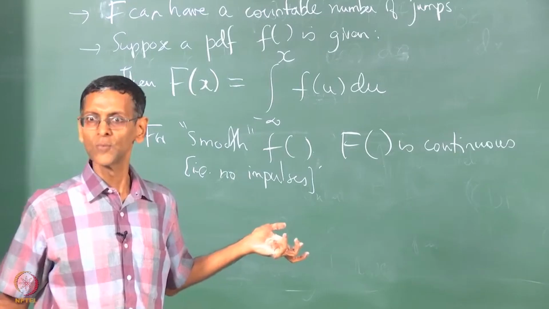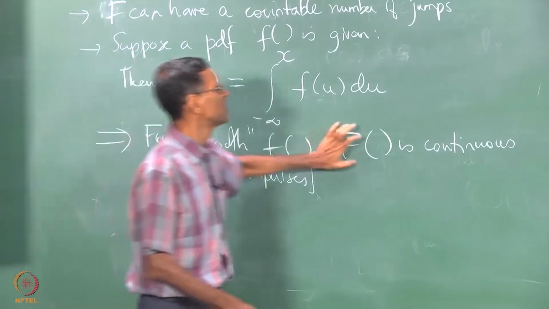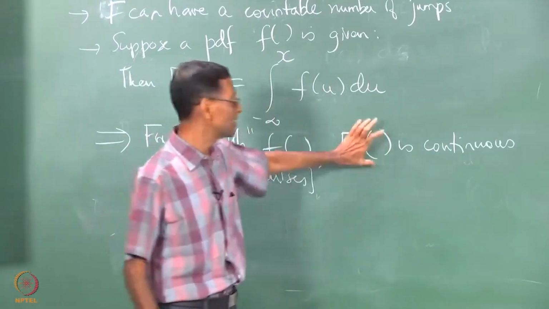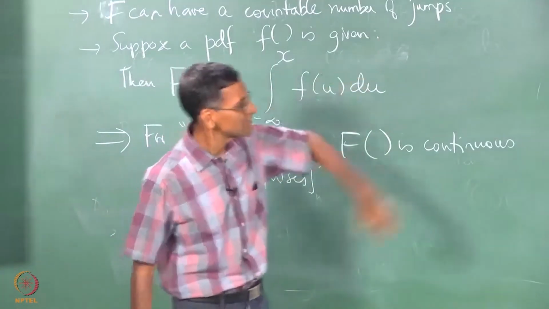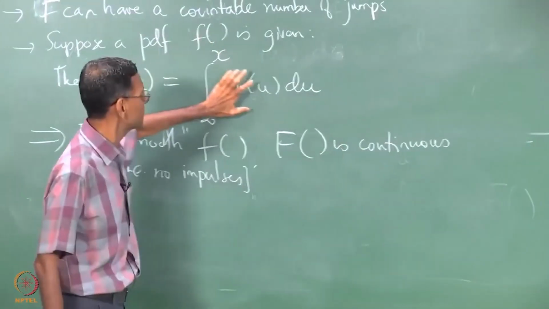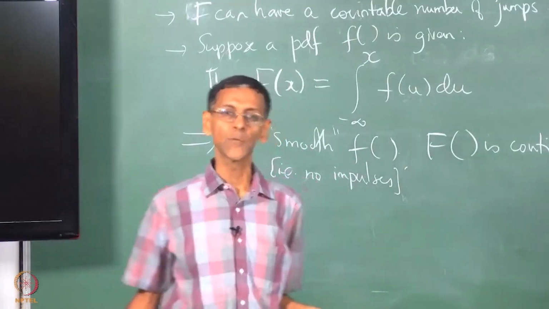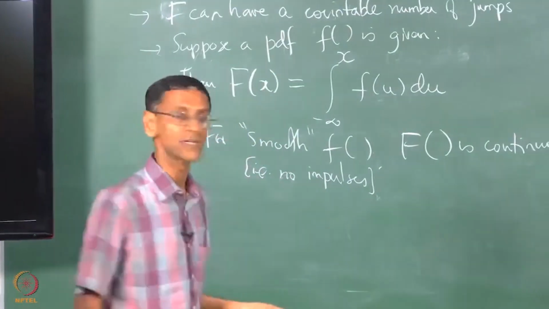So with such an f you cannot get any discontinuities in F, and that is consistent with our earlier observation that if you define probabilities based on small f, all individual points will have vanishingly small probabilities, no point can have finite probability.